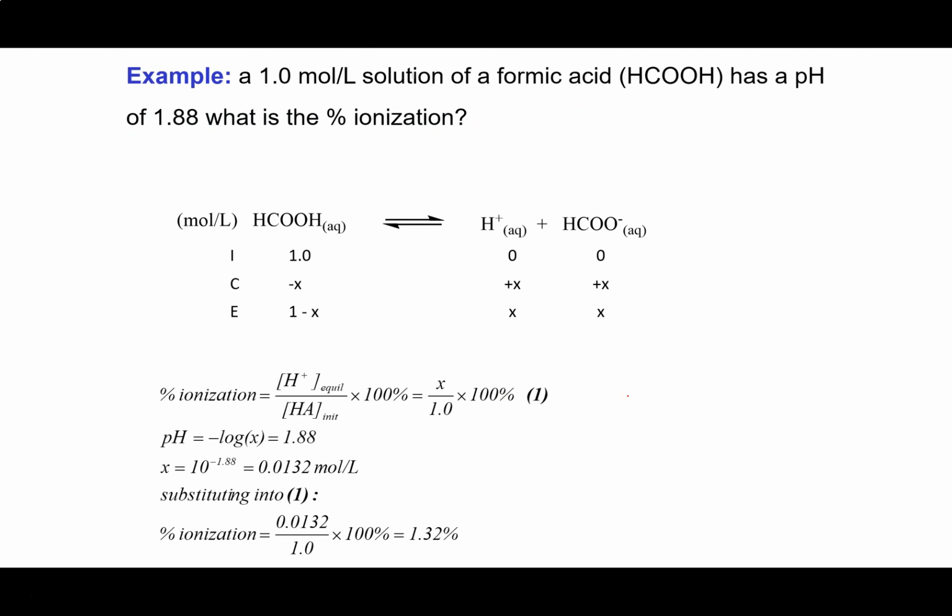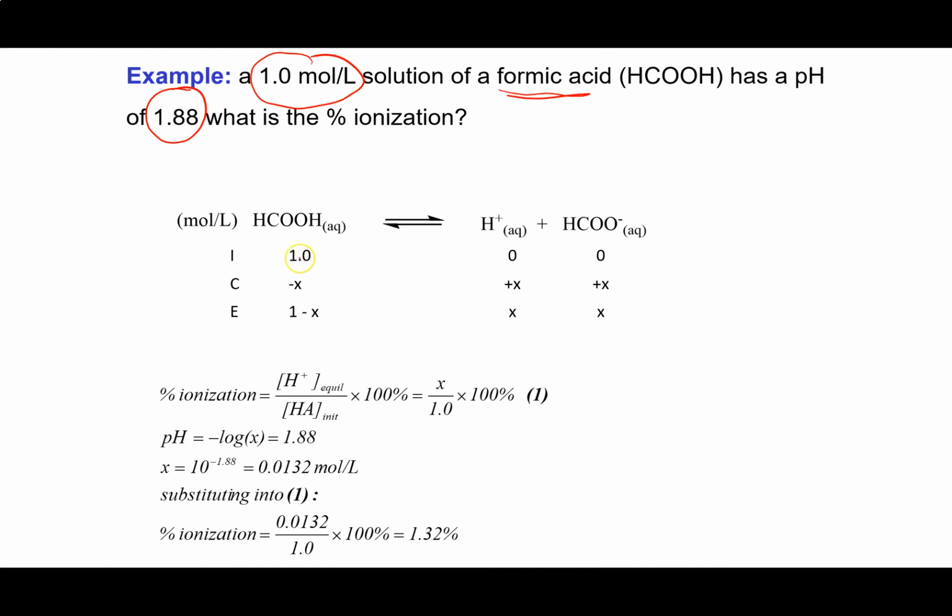for a lay person. So here's a problem about formic acid, that stuff that I said is found in ant bites. And it says we've got a 1 mole per liter solution of formic acid, and we measure it and we found that it has a pH of 1.88. What is the percent ionization? So here's my ice table.